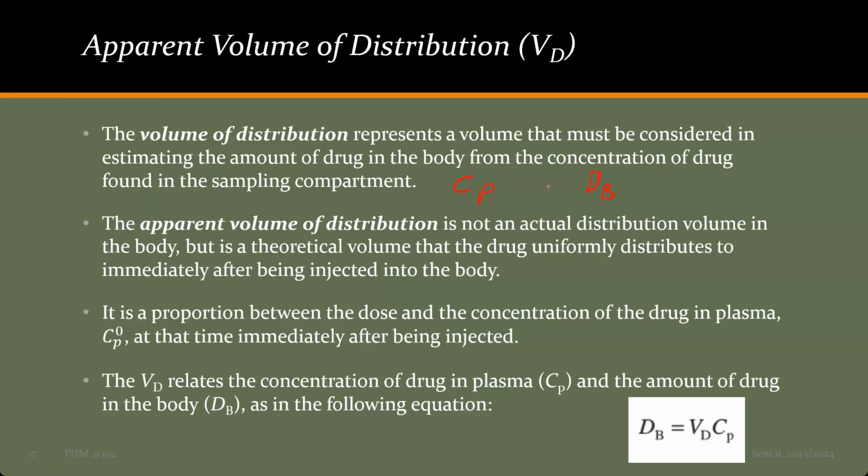It's not a real one. Why not a real one? Because, as we mentioned, the concentration of drug in the plasma may not be equal to the concentration of drug in the heart. So it is just a theoretical volume, not a real volume.